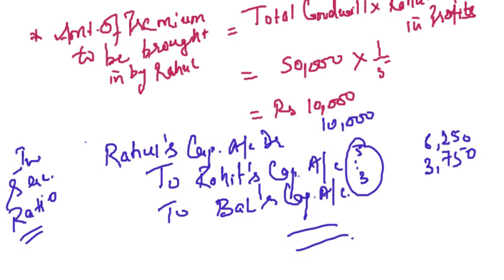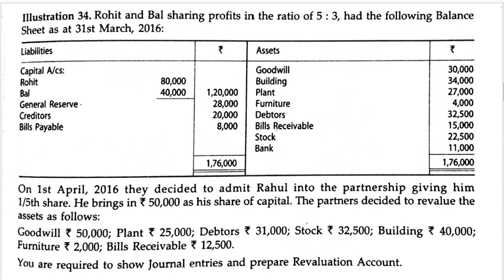As per accounting standard 26, which deals with intangible assets, goodwill on admission of a partner is not to be shown in the books. Books means it is not to be shown in the balance sheet. So this goodwill which was appearing in the balance sheet, we write off among the old partners in old ratio. Right? Why is this goodwill given as revalued amount at 50,000? Just to calculate the premium of goodwill to be brought in by new partner Rahul.